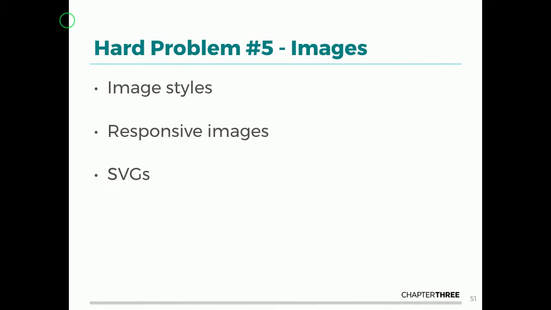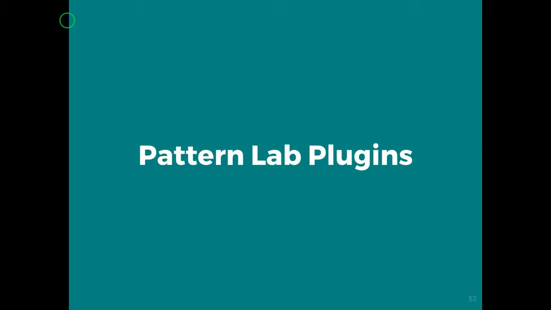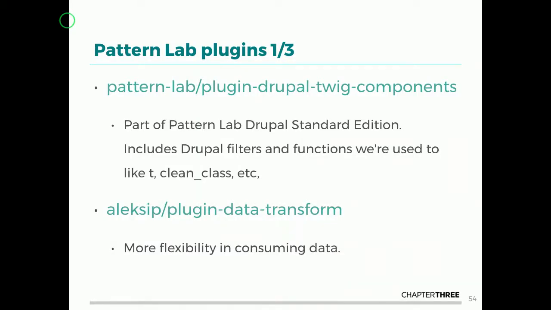Images: all the coupled projects have an images question, and it happens with Pattern Lab, or you could punt on it. Like I said, the contributor projects have mostly considered the hard problem, but even if you do use one of those contrib projects, you probably at some point are going to have to understand them yourself if you're doing this work.